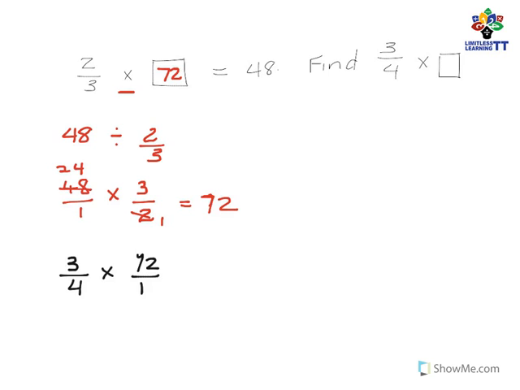So 4 can go into 4 and 4 can go into 72, so 4 divided by 4 is 1, and 72 divided by 4 is going to give me 18. So therefore 3 times 18 gives me 54. So 3/4 of my number, which I didn't know and I found to be 72, gives me 54. That's my final answer.